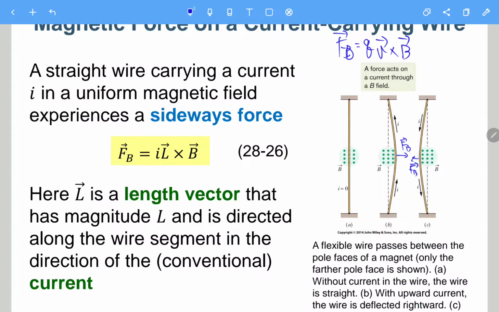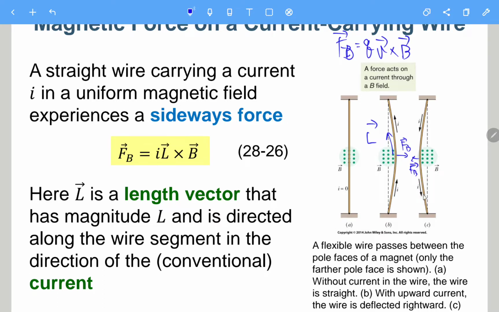So in this case, L is pointing upwards. Using L cross B, with L pointing upward and B pointing out of the page, L cross B is pointing to the right side, which matches this case.